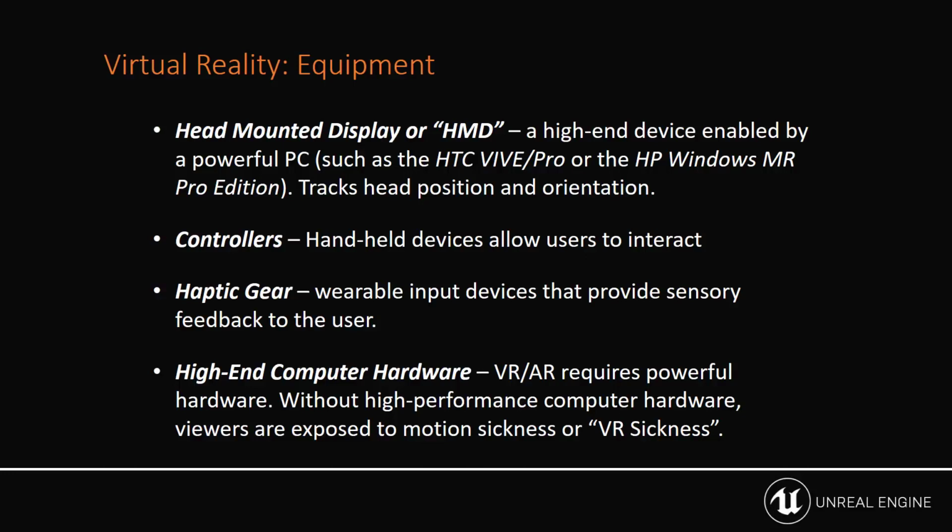And this typically is a high-end device enabled by a powerful PC or some hardware that will allow us to run that. Something like the high-end performance workstations that HP puts together for us, running some of the AMD Radeon Pro cards that are really tuned to enable virtual reality to run at that high performance rate that we need it to run on.